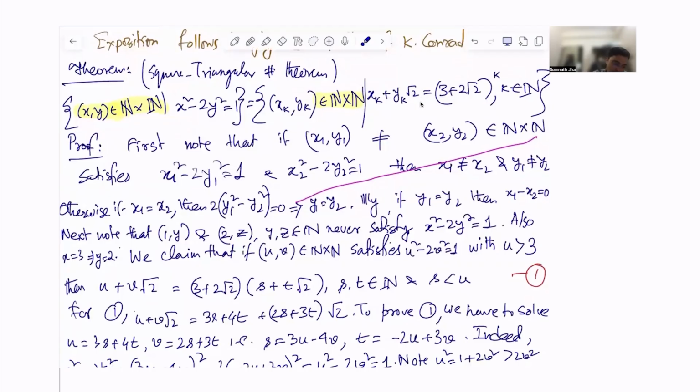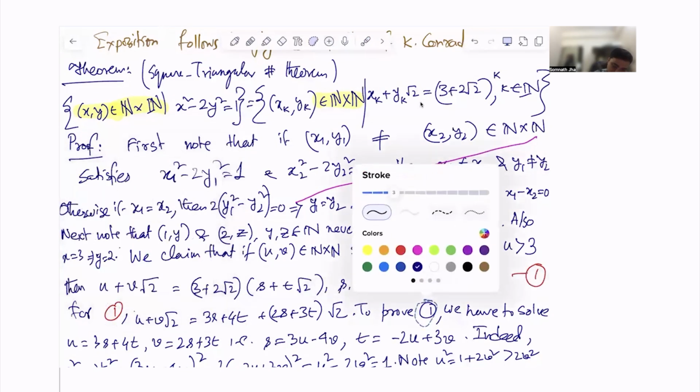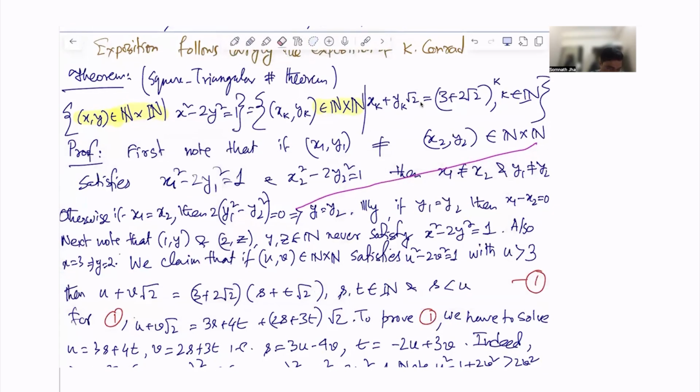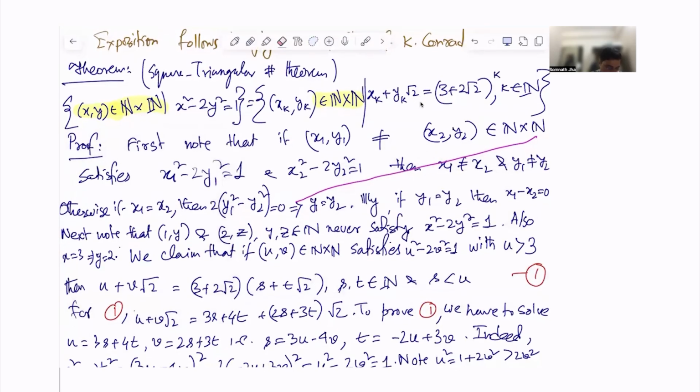So to prove this one, we have to solve that. Then u equal to 3s plus 4t and v equal to 2s plus 3t. It's a linear equation. So the solution is s equal to 3u minus 4v, and t is minus 2u plus 3v.